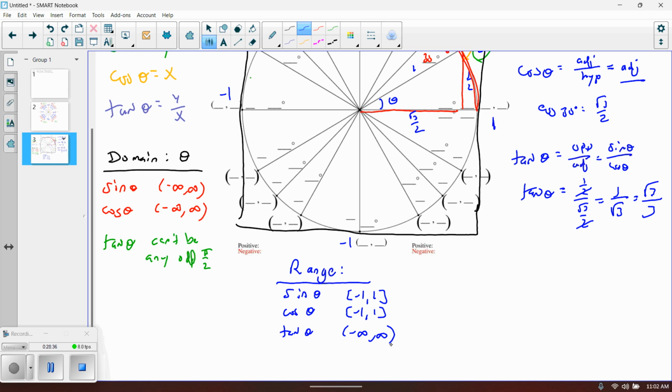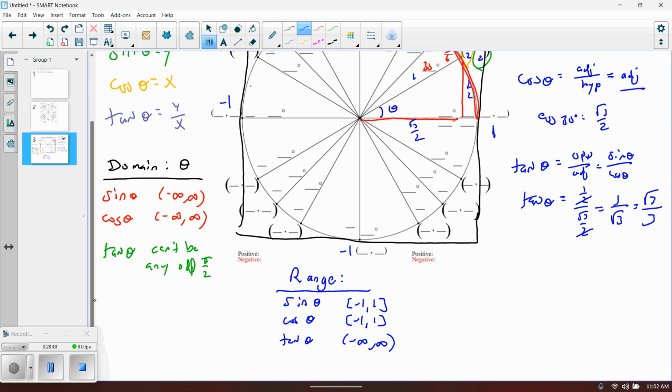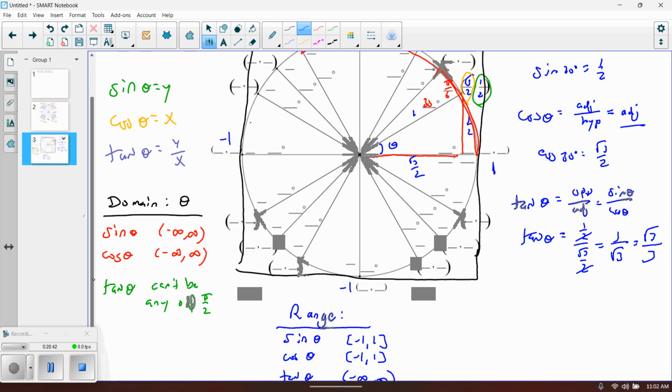And then if you think about the reciprocal functions, specifically with sine and cosine, since sine's range is everything inside that box, its range for cosecant and secant, which are the reciprocals, flipping it over, is going to be everything outside of the box. So cosecant and secant's range are going to be everything greater than 1 or less than -1.